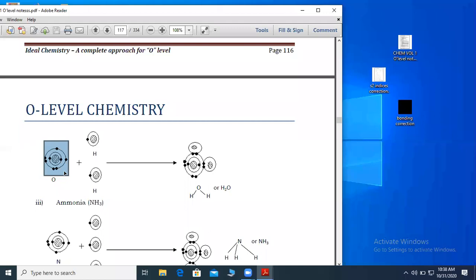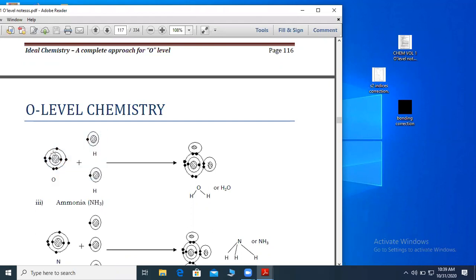If we are using only the outermost electrons, there are only 6 electrons in the outermost shell. But what is the maximum number of electrons? It is 8, which means oxygen needs 8 electrons to have a stable electronic configuration.